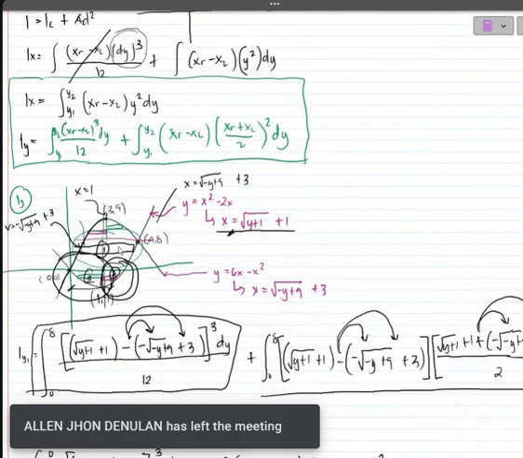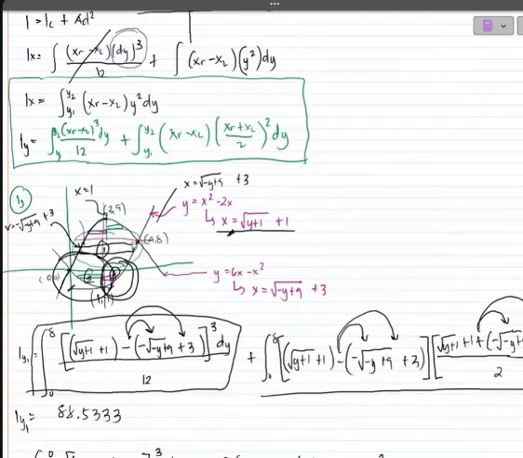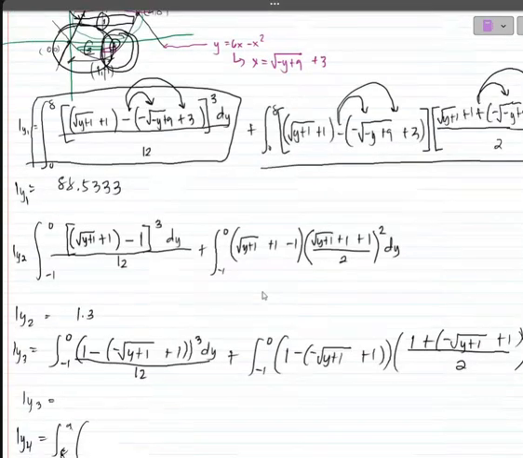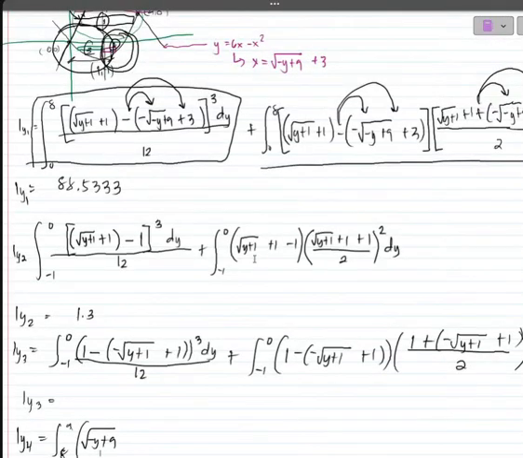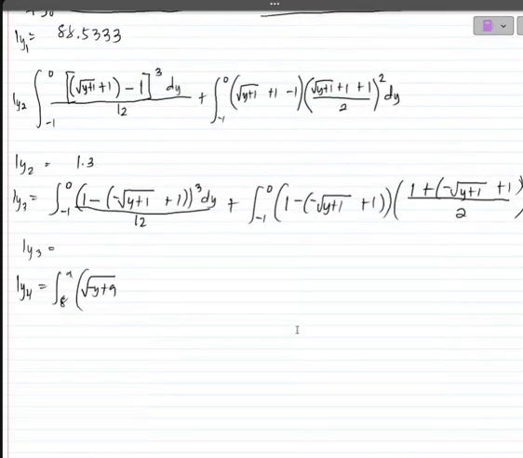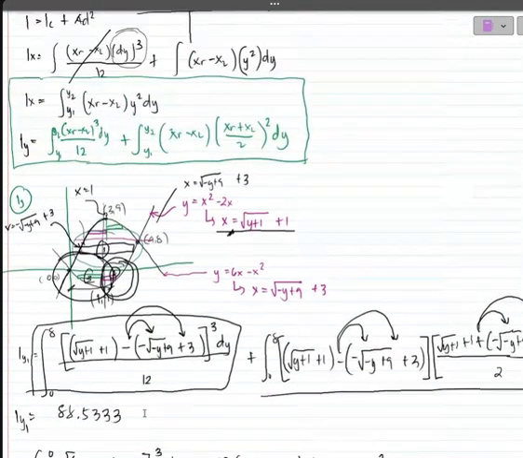So again, its right end is touching the right part of the parabola. So we will have the positive value. So we have the square root of negative y plus 9, plus 3, minus the left end equation.